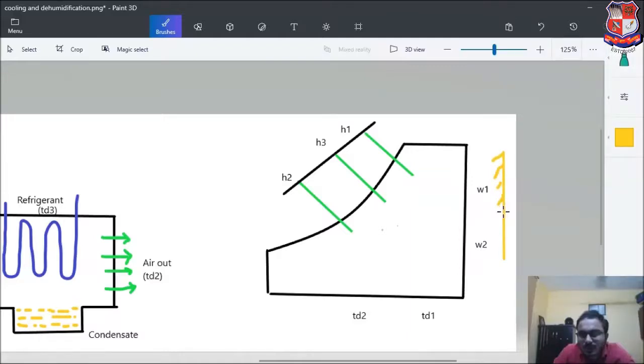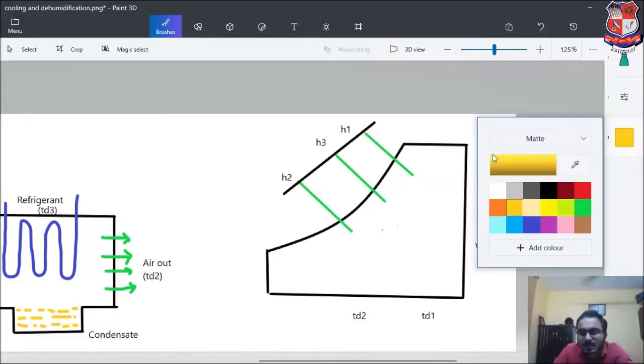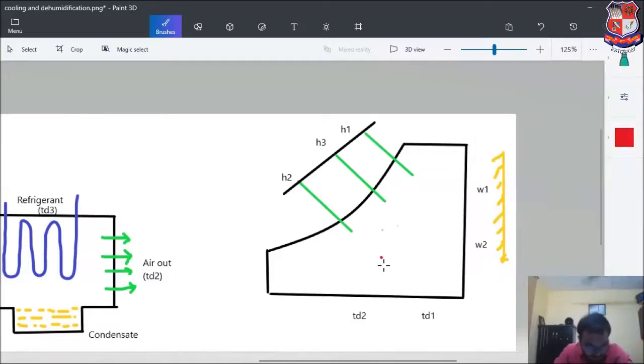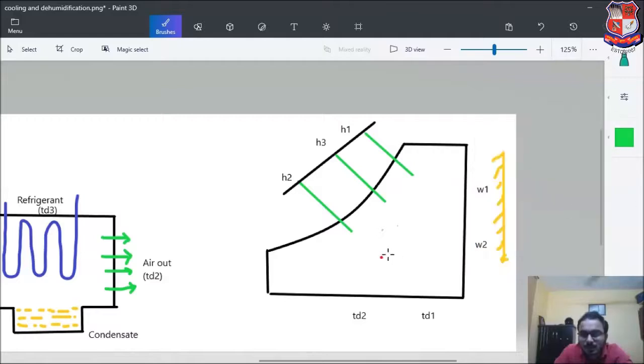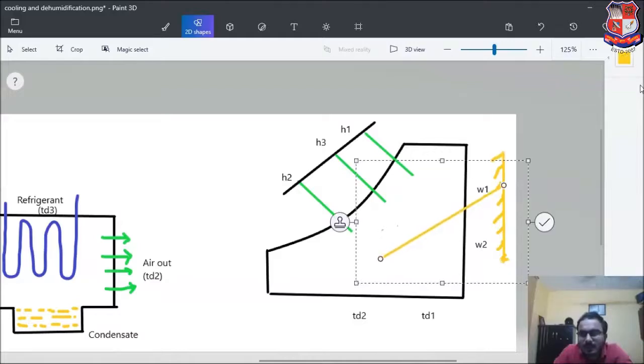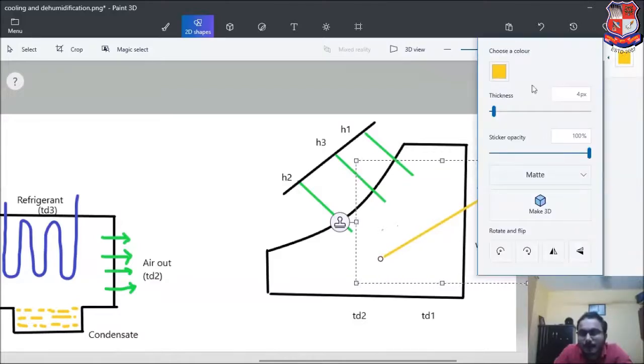So this was our sensible heat factor bar. You will always be given a reference point in a psychrometric chart. So let us say that this is our reference point. And if you are given a sensible heat factor, from this pointer you can draw a line indicating that it is for the given sensible heat factor.